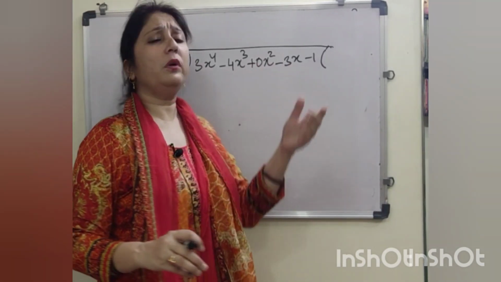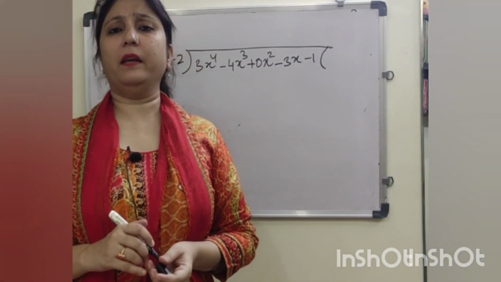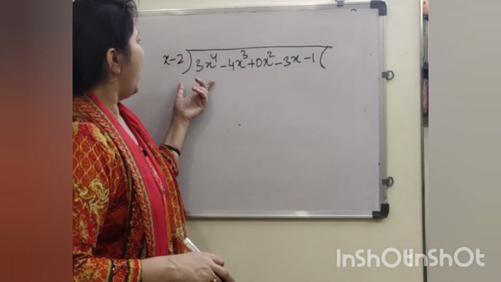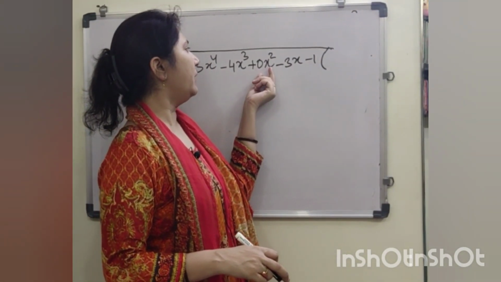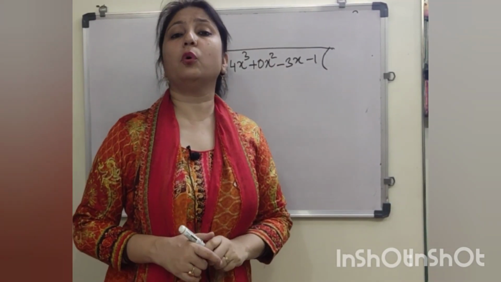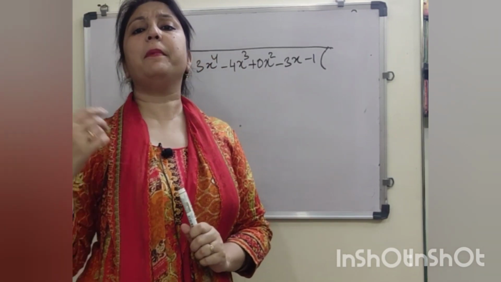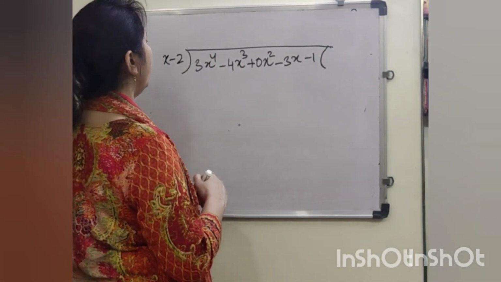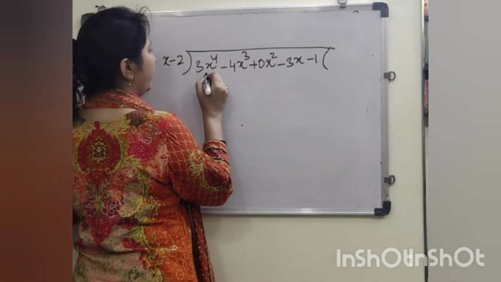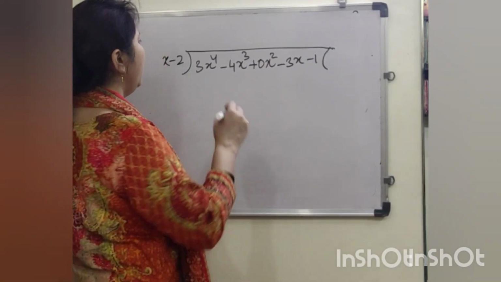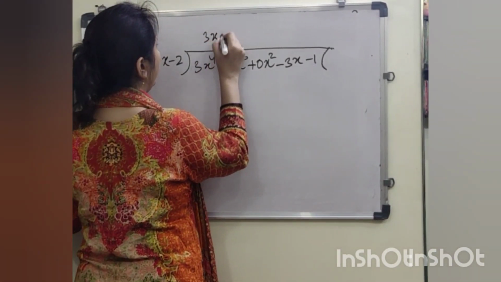If you look at the polynomial p(x), the coefficient of x squared is missing. So while writing in this division format, I have added it as 0x squared so that there will be no problem while performing division. Let's begin with the division process. We start by removal of the highest power variable. So it is 3x cube.